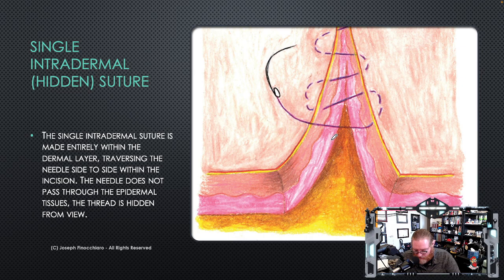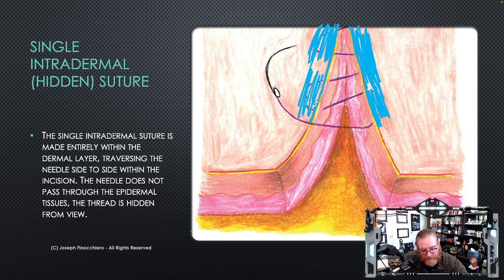So if we were to look at this from the outside, here on the margins, what we would see is this. The only thread we would see is the stuff that is coming through the actual margins of the tissue.